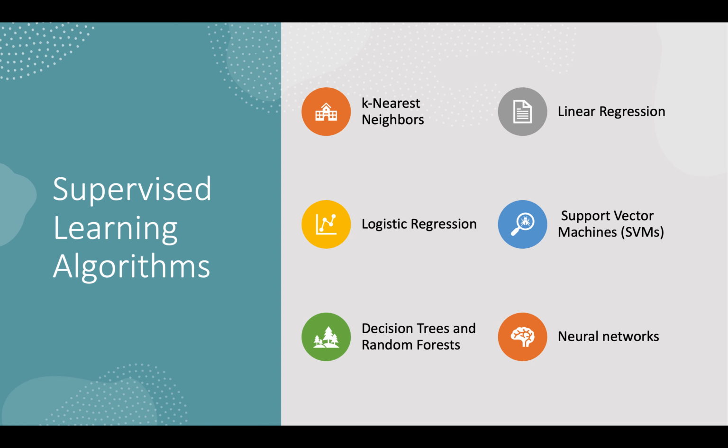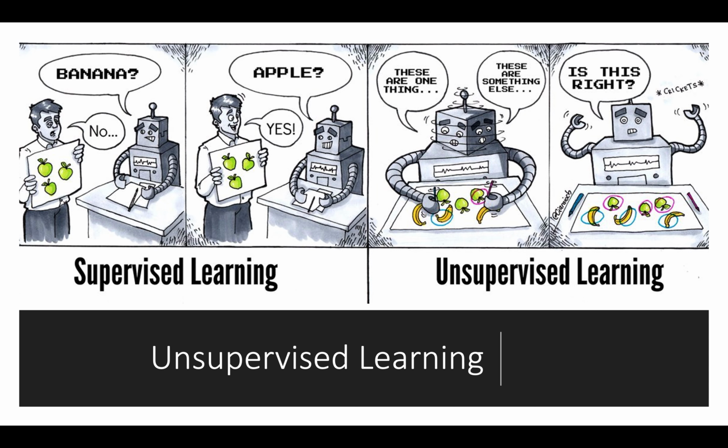So let's stop with supervised learning algorithms here and move to the unsupervised learning algorithm. And in unsupervised learning, as you might have guessed already, the training data is unlabeled. In other words, the system tries to learn without a teacher.